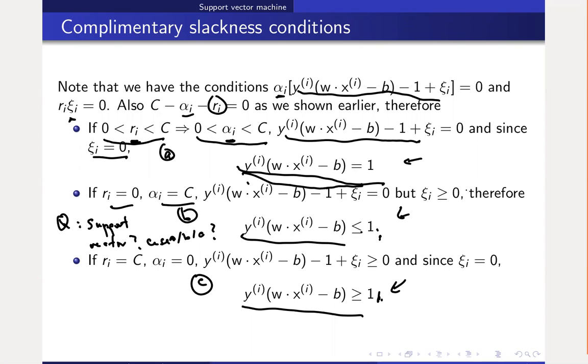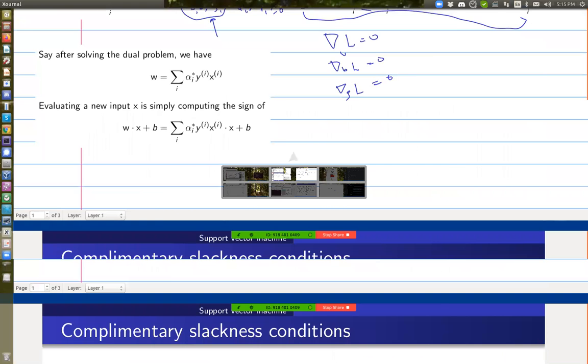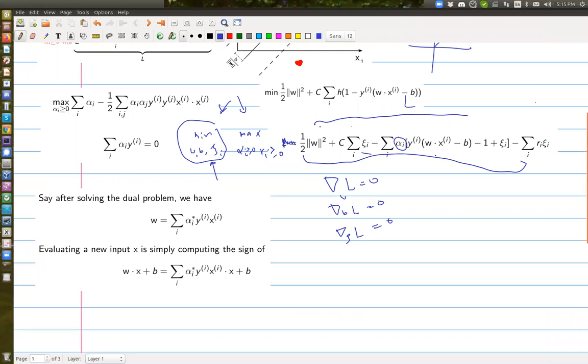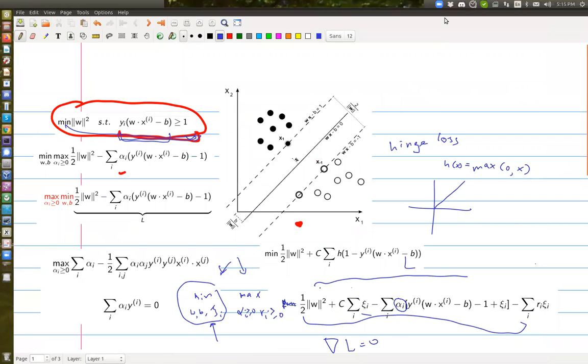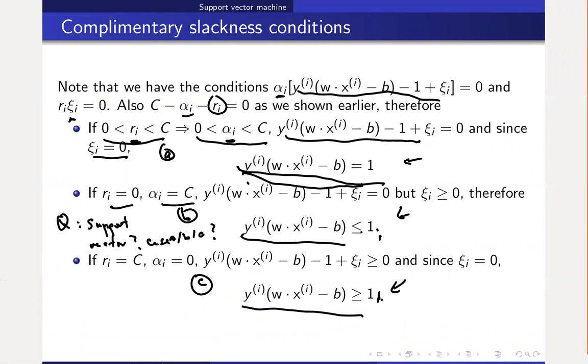If you remember the picture we always have, it's always important to have the picture in your mind. So when it's a support vector, this thing should be equal to either 1 or -1, and multiplied by the label, 1 or -1, should get back 1. So this should be the support vector.